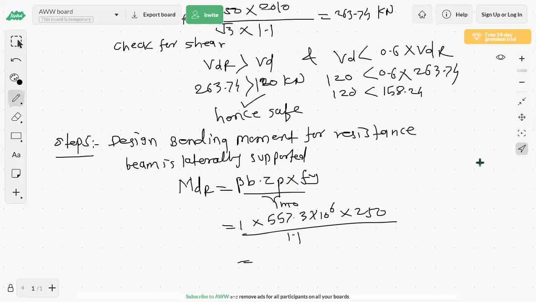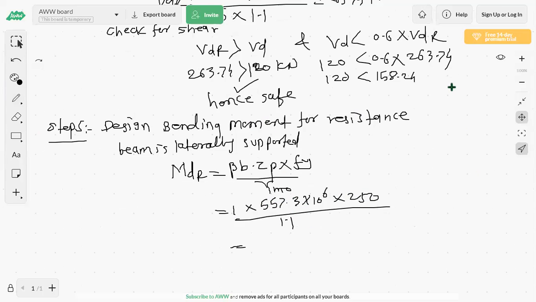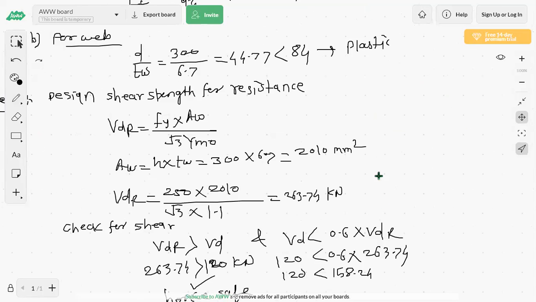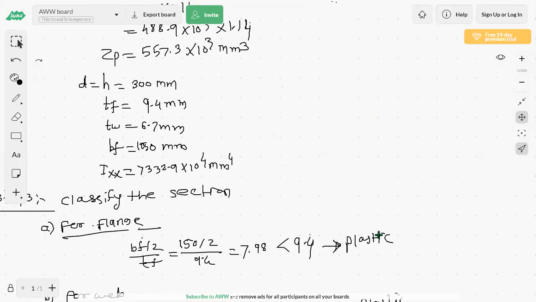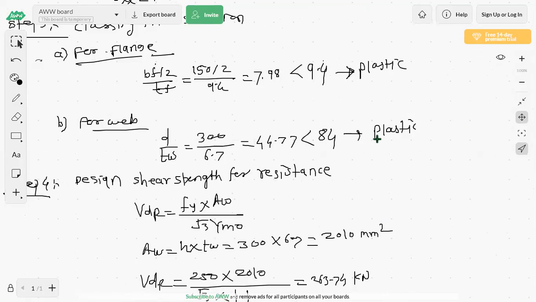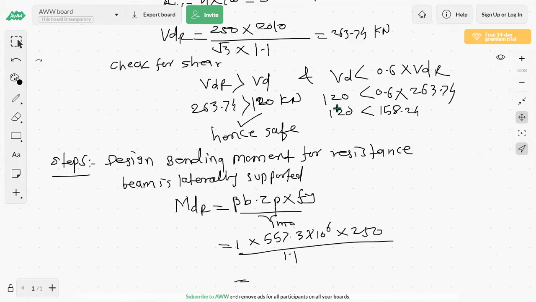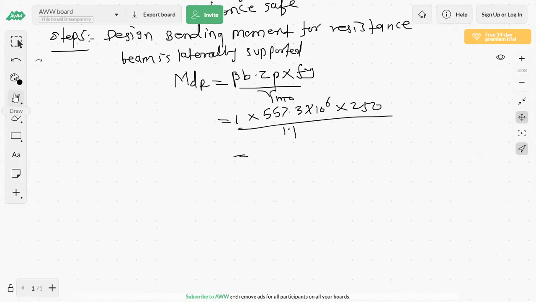So how much is MDR? The formula is correct, whatever I have written. Here the ZP value is given. How much is the ZP value? 557.3, correct. Tell me MDR.